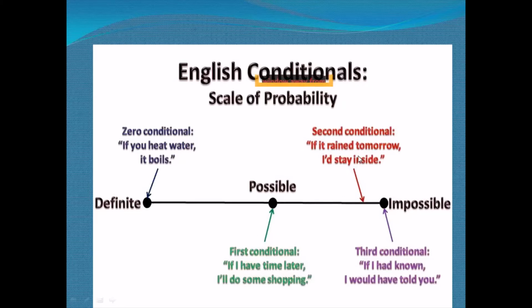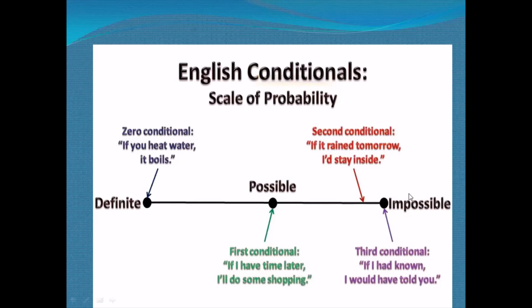Then you have second conditional, that is nearest to the impossible, or the third conditional. So it is closest to impossible, but it is not completely impossible. So we call this improbable situations. Second conditionals are improbable. Then we have the third conditional, that is impossible.